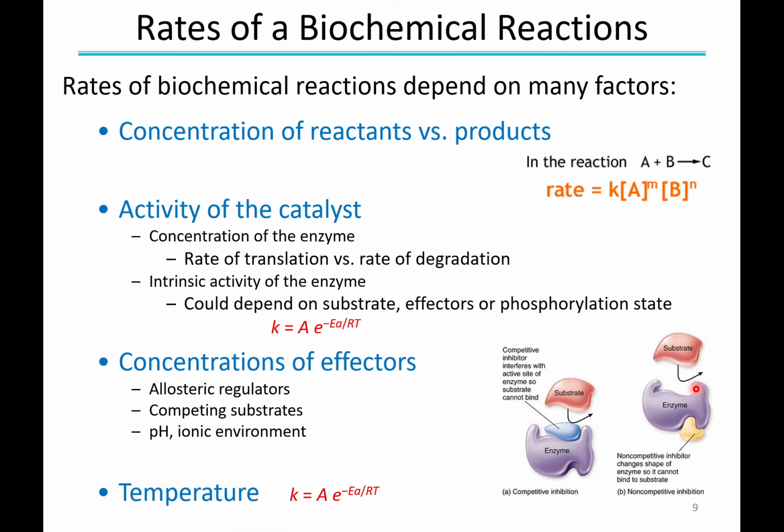So how do you control the flux, the overall flow through a pathway? You do that by altering either the rates of the biochemical reactions, or just by the presence of enzymes.